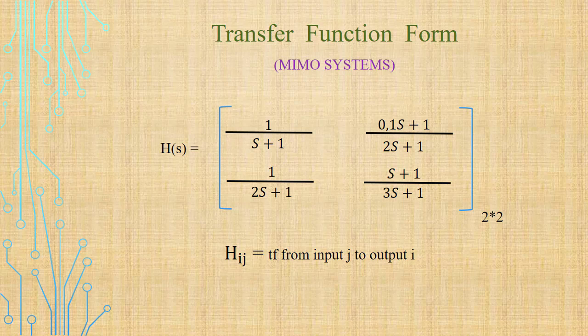It includes 4 separate transfer functions: the first one is H11, the second one H12, the third one H21 and H22. It is important to know that when we say Hij, that means our transfer function is from input j to output i. Now we go to Matlab and define our MIMO system.